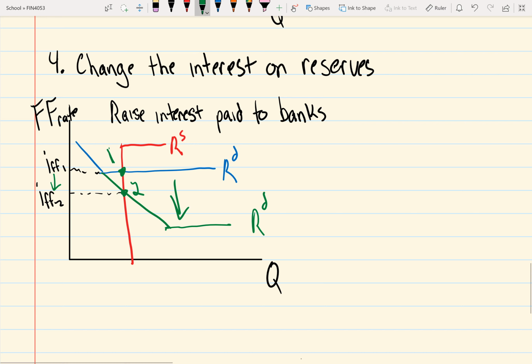So if we were at 1 here, suppose this is the original spot, then they can lower that interest rate that they are paying the Fed, which would lower this floor here from 1 to 2. And again, it would lower the equilibrium federal funds rate.